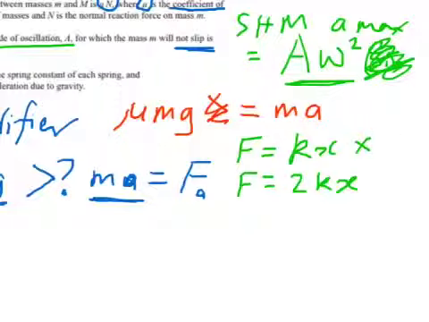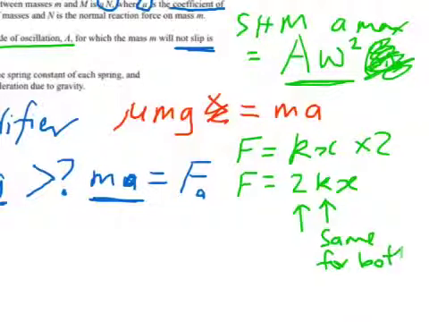So we'll just write times 2 so then our equations match, and that's because we have the two springs, and the spring constants effectively add in series, because when you add them in series, as you move the mass one way or the other, you're having to work against both springs, so it takes twice the force. One assumption, I'm not sure if it's mentioned earlier, is that the spring constant is the same for both springs.